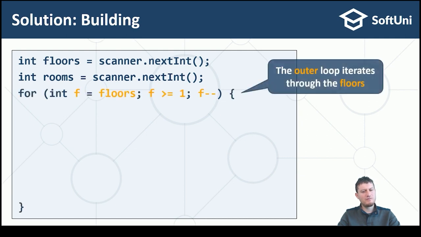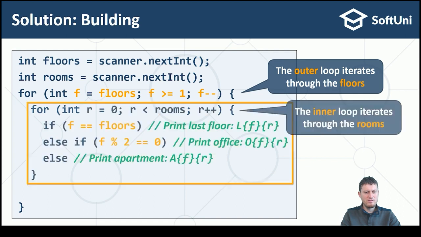I create a for loop starting from the floors until 1, the outer loop which iterates through the floors, then the inner loop iterates through the rooms, and I check if we are at the last floor, we print L and the floor and the room number.